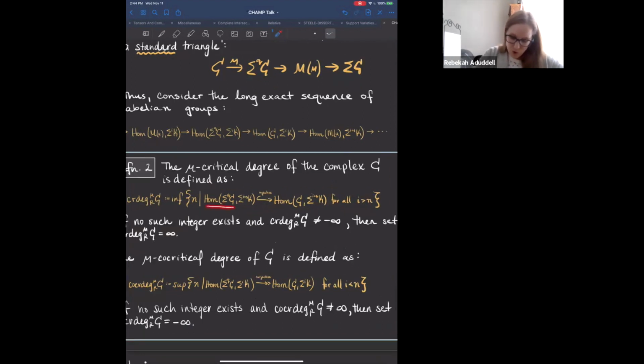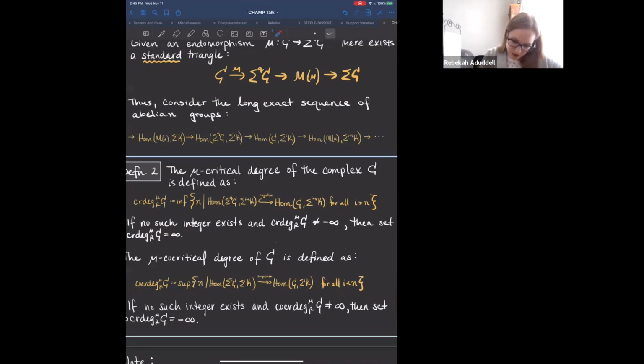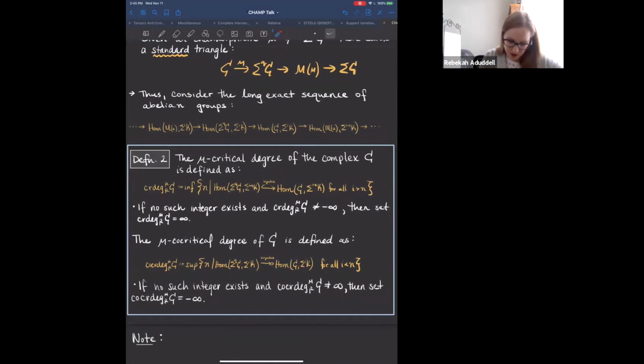We're specifically looking at Hom of shift Q C to shift i K and Hom of C to shift i plus Q K. I think I said shift i K, but this one should be i plus Q. And then we have the same idea: if no such integer exists and it's not negative infinity, it's infinity, and so on.